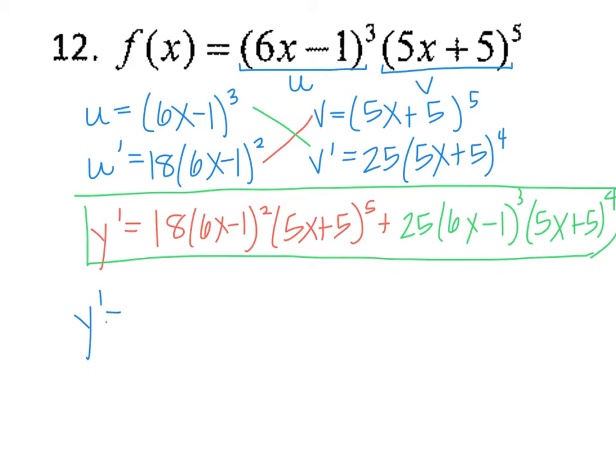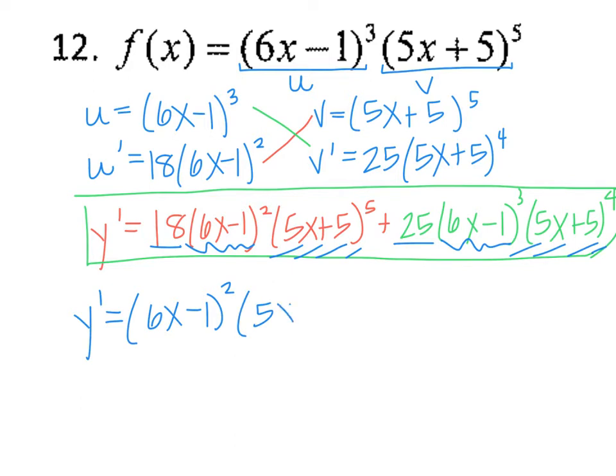So then what I'm going to do is go term by term, and see what they're both divisible by. 18 and 25 do not have any common factors, so I'm going to leave those as is. (6x minus 1) squared and (6x minus 1) to the third, I can take 2 of those out front, and (5x plus 5) to the fifth, (5x plus 5) to the fourth, I can take (5x plus 5) to the fourth out front.